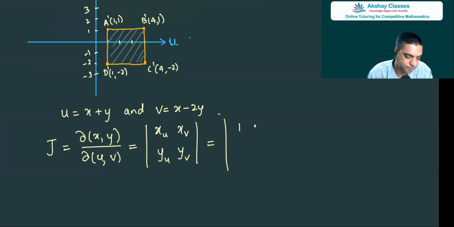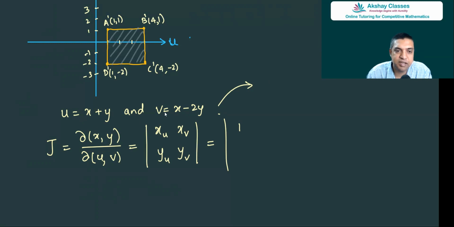So this is u and v in terms of x and y. So x and y should be written in terms of u and v. So we'll have to convert this, solve for x and y, subtract.